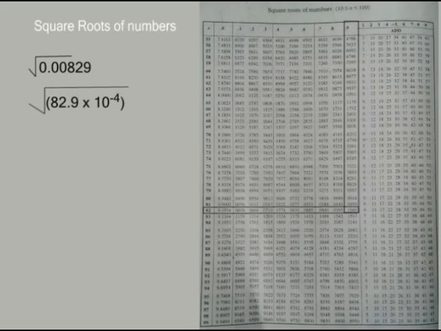Square root of 82.9 is 9.1049. Square root of 10 raised to negative 4 is 10 raised to negative 2. And so we shall have 9.1049 times 10 raised to power negative 2, or simply 0.091049. The important thing is to make sure that you are reading the right tables so you don't confuse the tables of squares and those of square roots. Good luck.